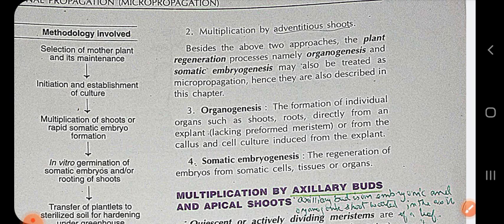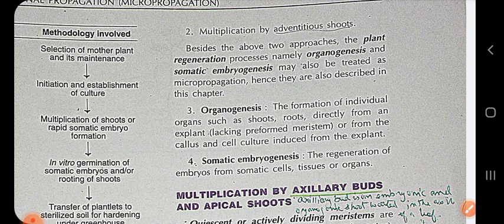Somatic embryogenesis, as I have mentioned a little bit, is a process where embryo development occurs from the somatic cells of the explant. This is a very interesting technique where we develop embryos in somatic cells by just changing the composition of nutrients and hormones in the culture medium.